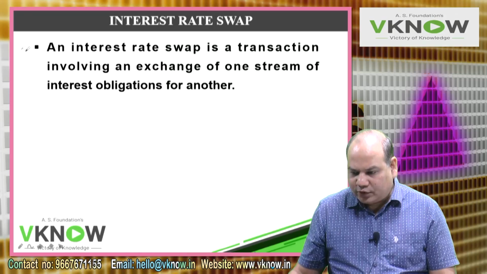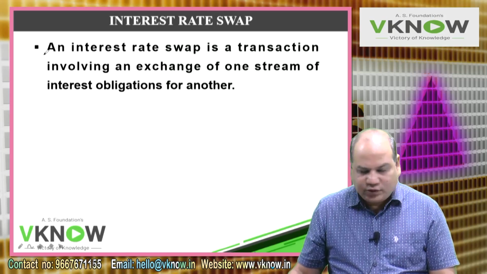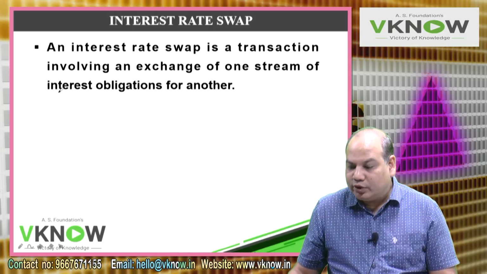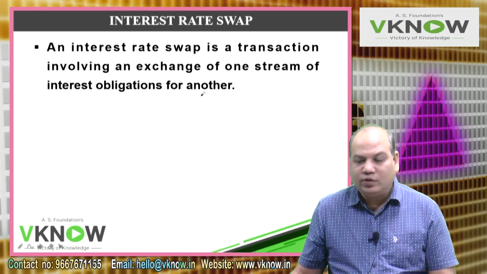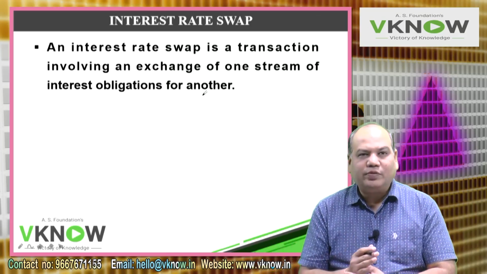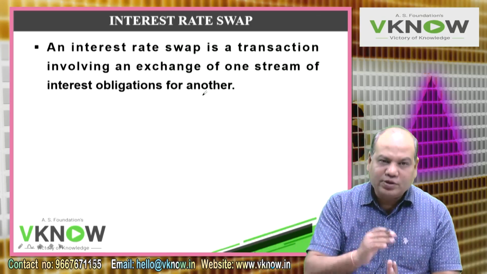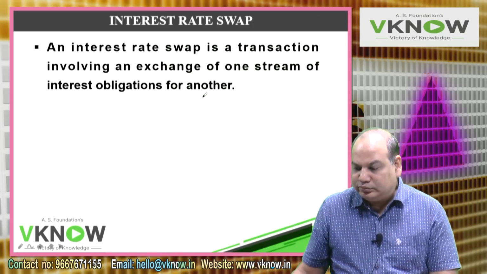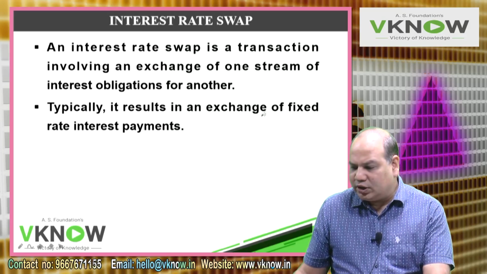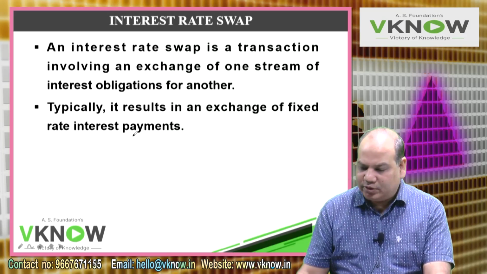So learn it carefully. What is an interest rate swap? It is a transaction involving an exchange of one stream of interest obligation for another. So one party pays fixed rate of interest, the other party pays floating rate of interest. Typically, it results in exchange of fixed interest rate payment.